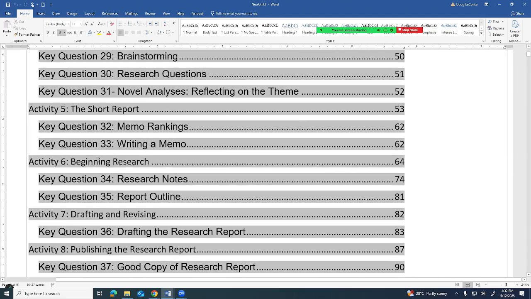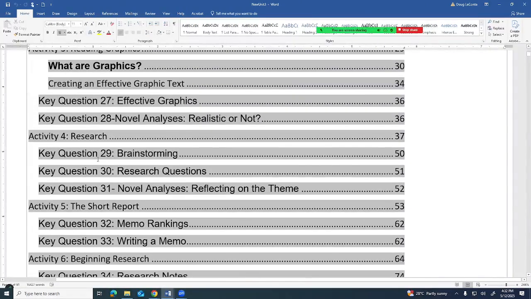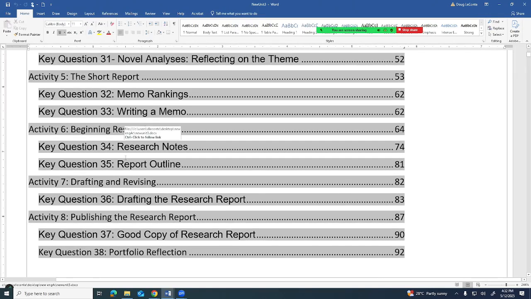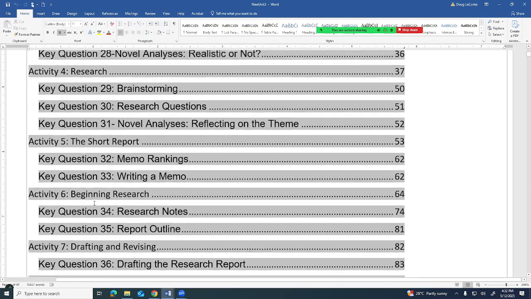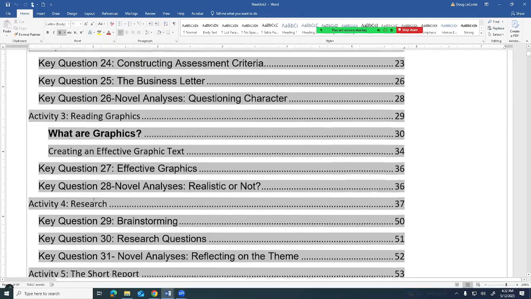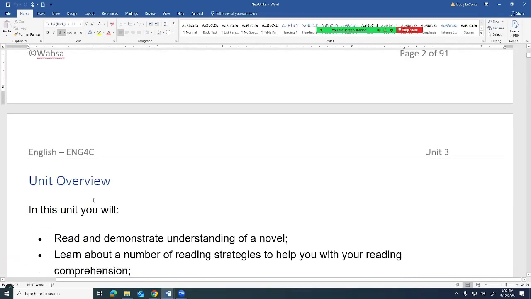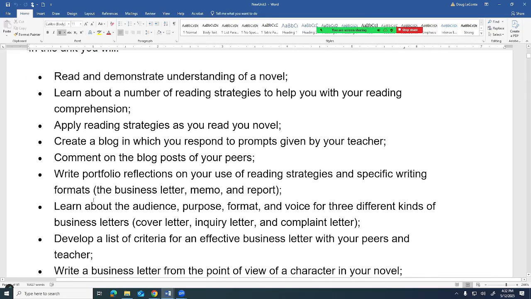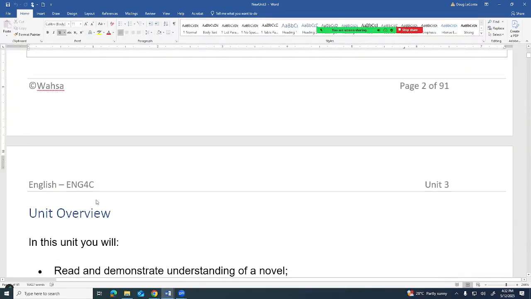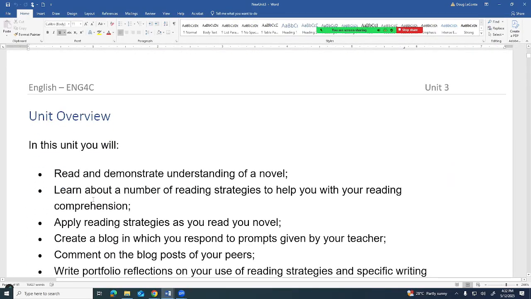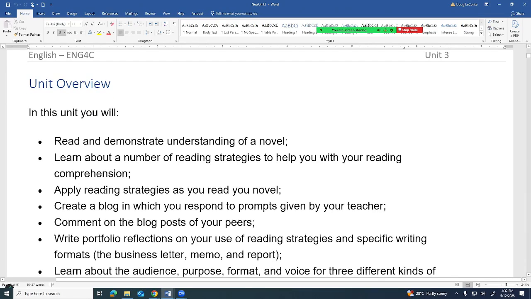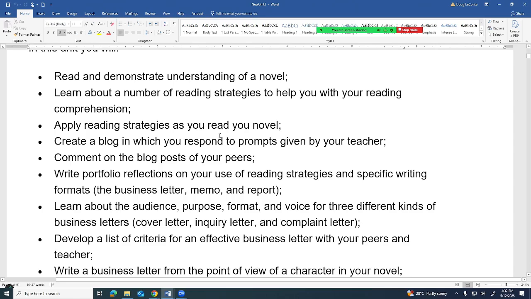We will have a look at all of the other different assignments in the unit as we go along. I didn't want to spend too much time pointing them out, but please take a look at the table of contents on page 2. Then we have the unit overview. Please read that as well. I don't want to spend too much time reading it in class, but I'd definitely like you to familiarize yourself with what we're going to be covering in this unit.